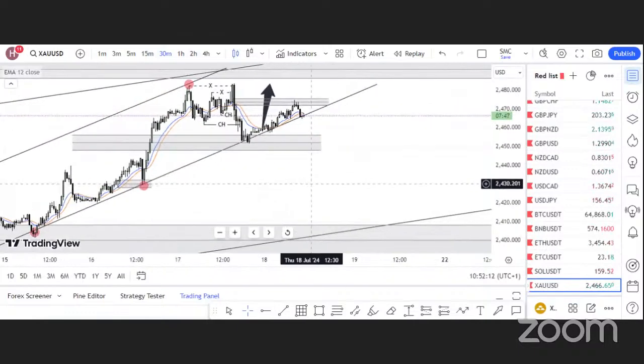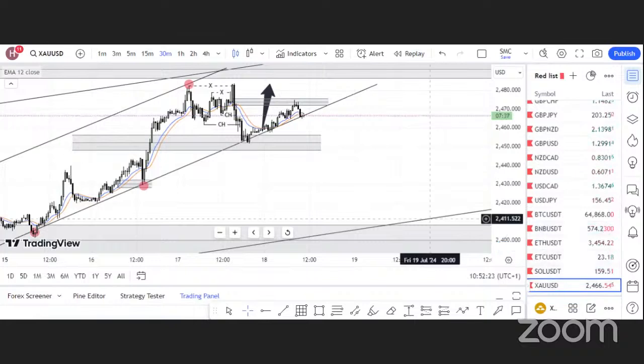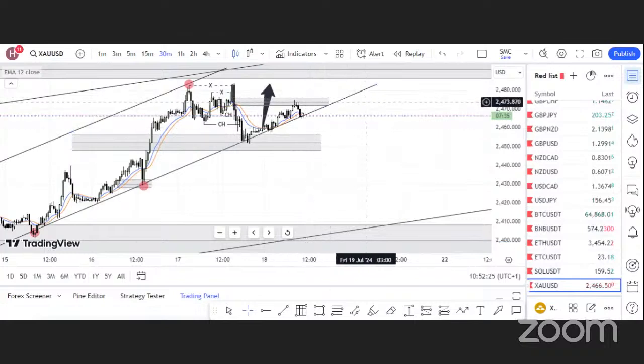So this is my analysis for XAUUSD. I'm just going to wait and see if the market would go below my trend line.